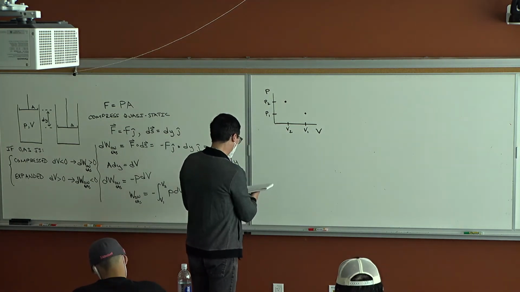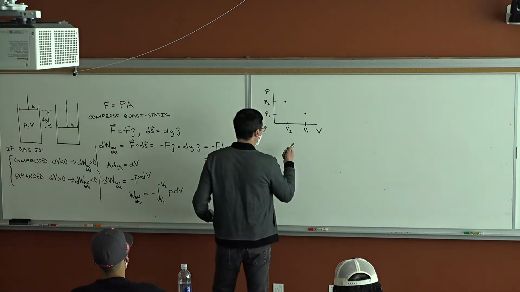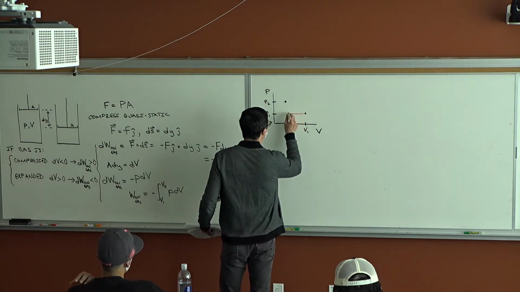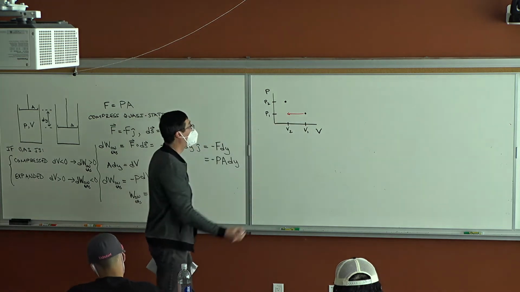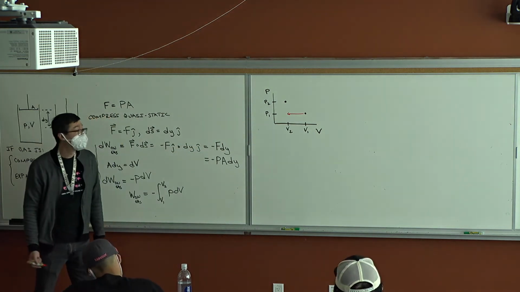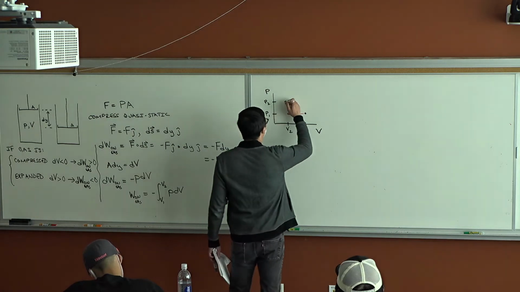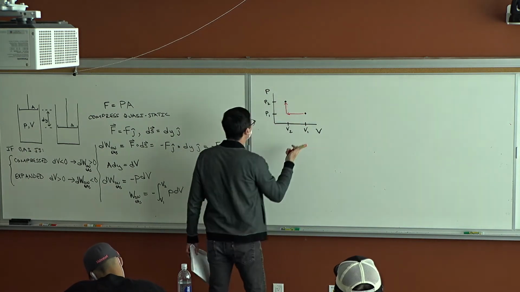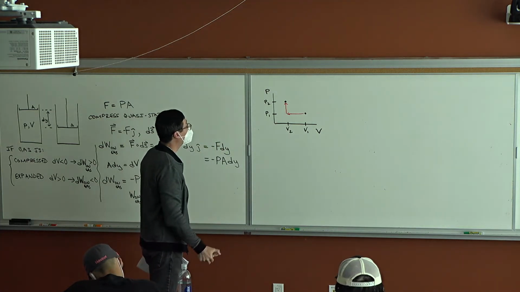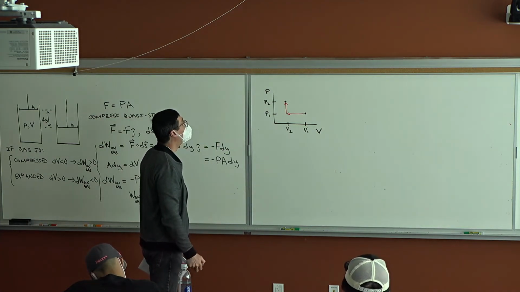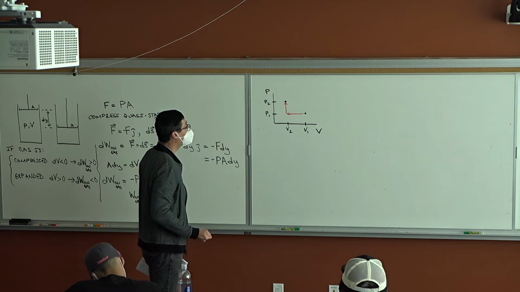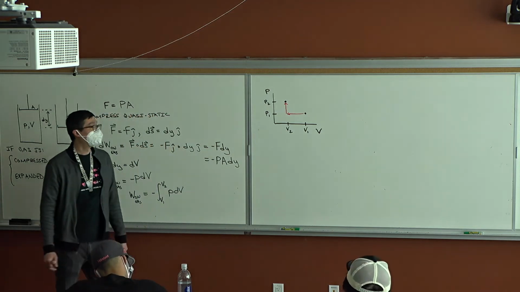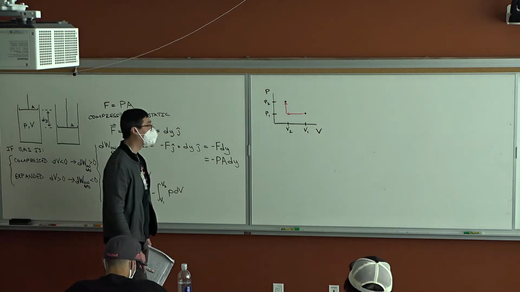So we could imagine compressing at a constant volume, and then we could imagine compressing at a constant pressure, and then we could imagine increasing the pressure at a constant volume.